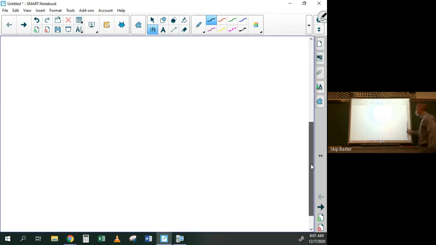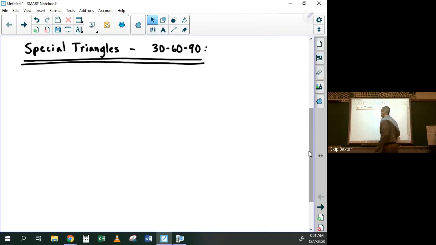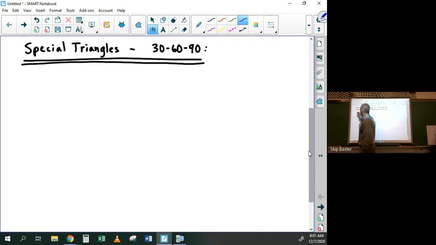So, it's an interesting little fact. You can always think of a 30, 60, 90 triangle as being half of an equilateral triangle, right?